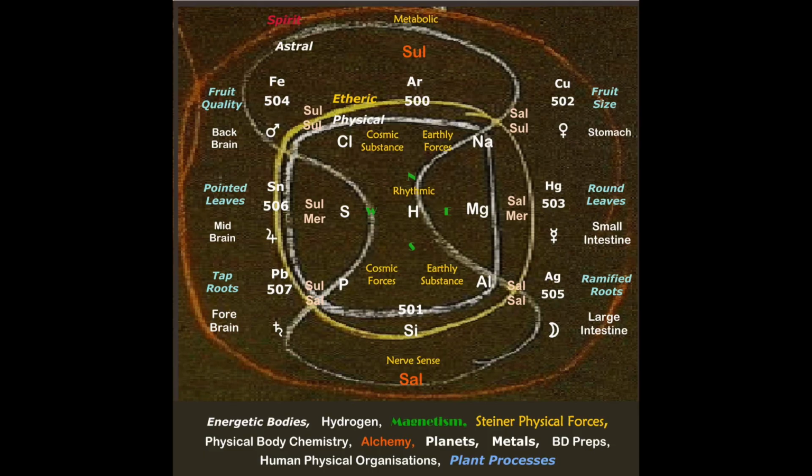So what we've got going around here is that, you know, this is where we have the earthly substance, and then the earthly forces, the cosmic substance and the cosmic forces. So this is the picture that comes out of the lectures about physical manifest reality. That's the picture that he's using. And this is how we get there, through this process of following the planets and just lemniscate, and we get there.